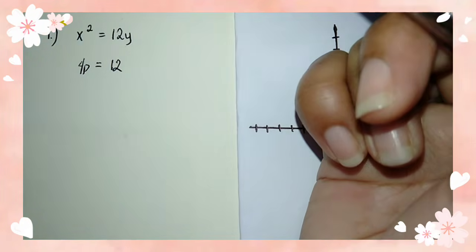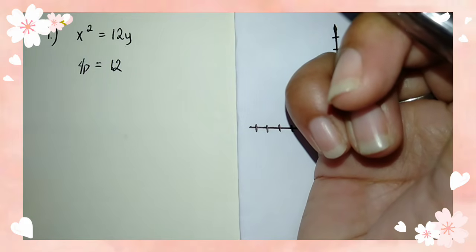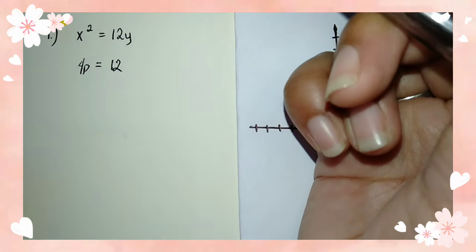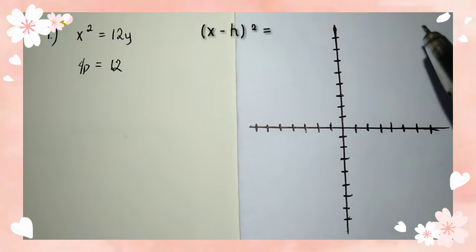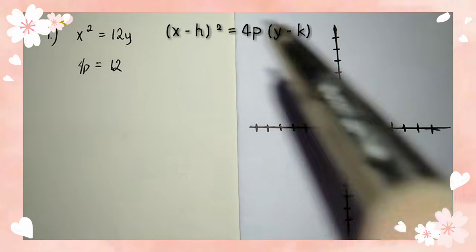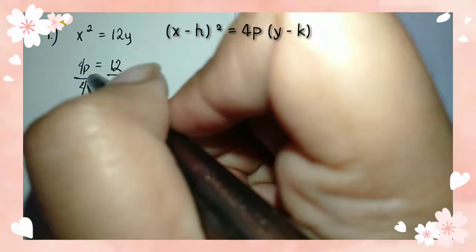And since our 4P in here will be 12, so ganito lang yung gagawin natin. 4P is equal to 12. Remember to always dapat alam natin yung pinaka-equation ng ating parabola. Okay? Yung ibinigay ko sa inyo, which is (x minus h) squared is equal to 4P times (y minus k). What are we going to do is to solve for P. So we have to eliminate 4.